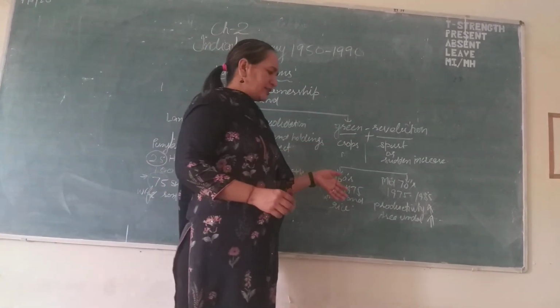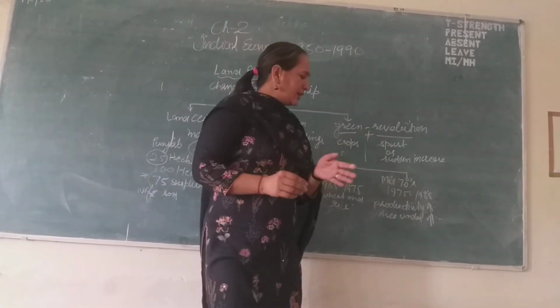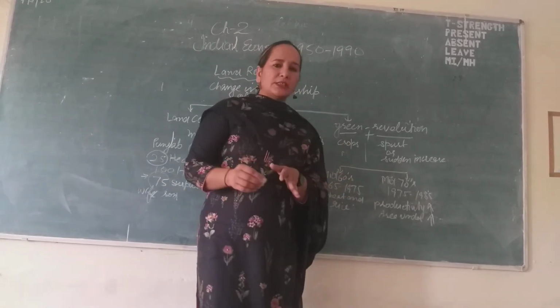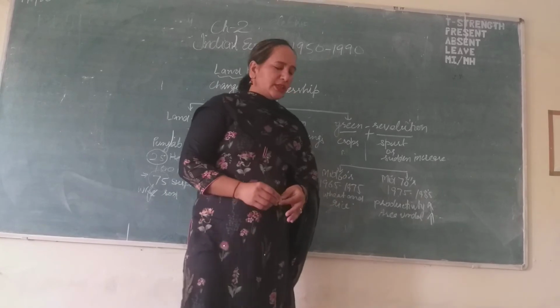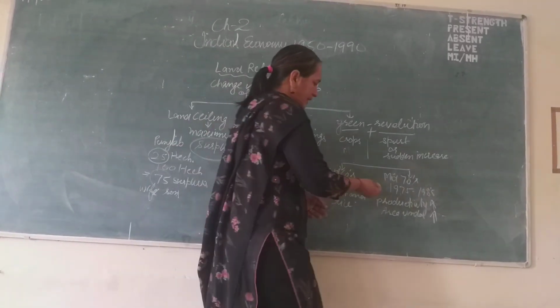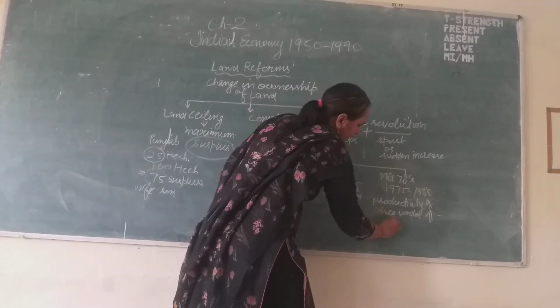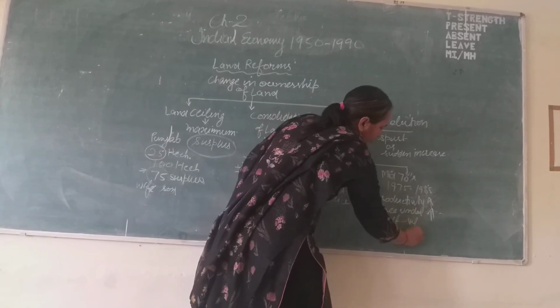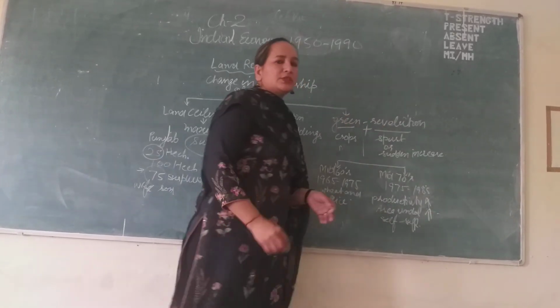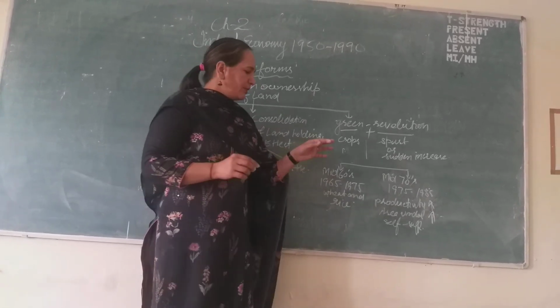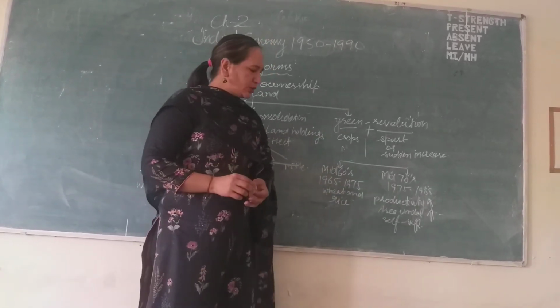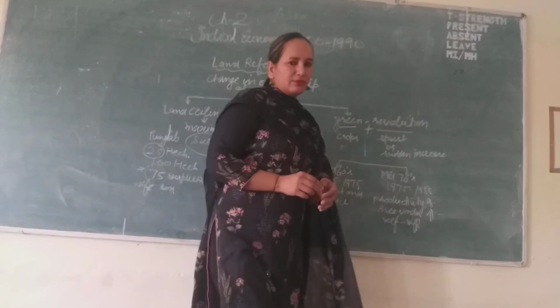Whatever the wasteland, unfertile land, with the help of seeds, insecticides, pesticides, the area under cultivation has increased. Then self-sufficiency in food grains. India has got self-sufficiency. Not only that, we have buffer stocks, and we are exporting to the rest of the world also. That is due to green revolution.